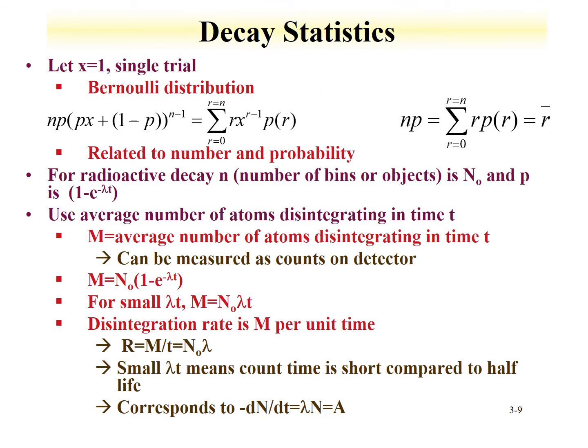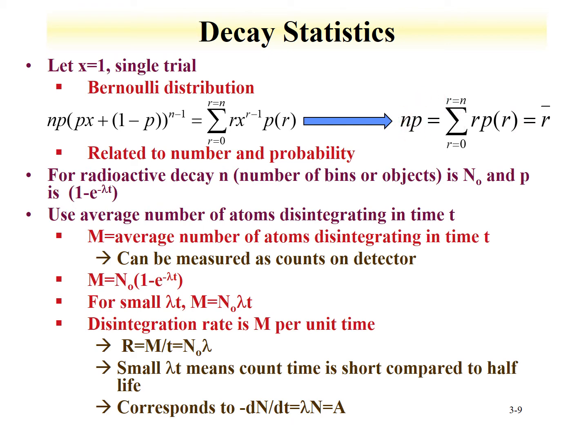Using the equation from the previous page, we set x equal to 1, which is for a single trial. This is really the Bernoulli distribution, which you may have seen in previous courses. The equation then becomes this, where again our average disintegration winds up being a function of number and probability.